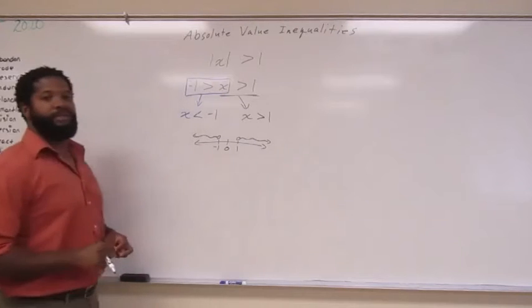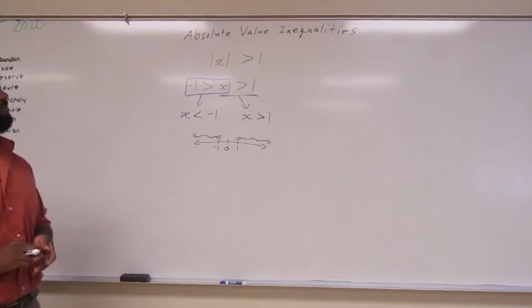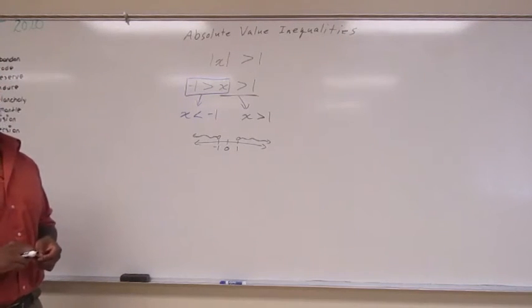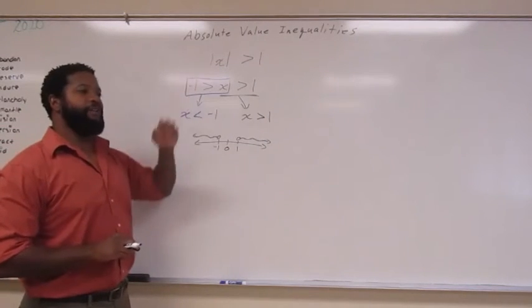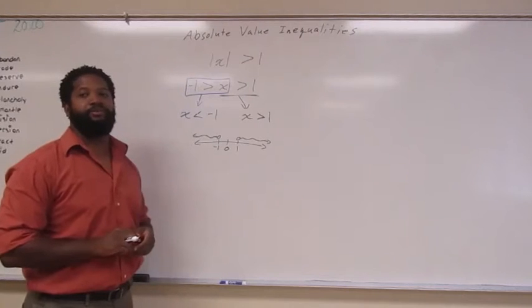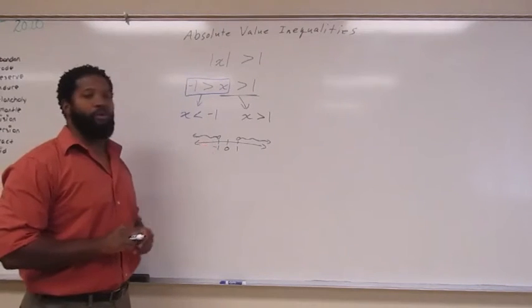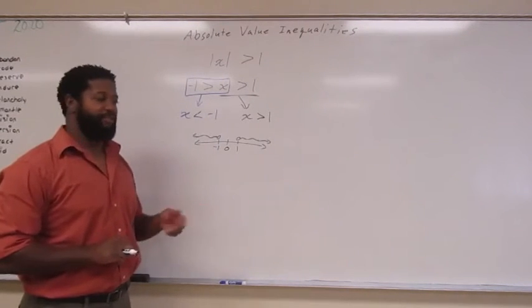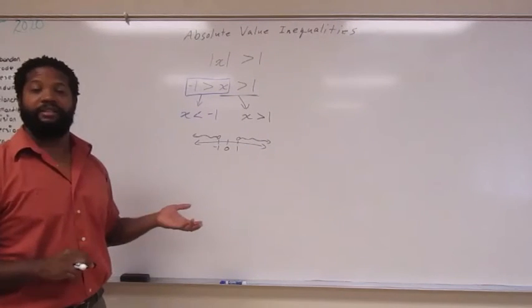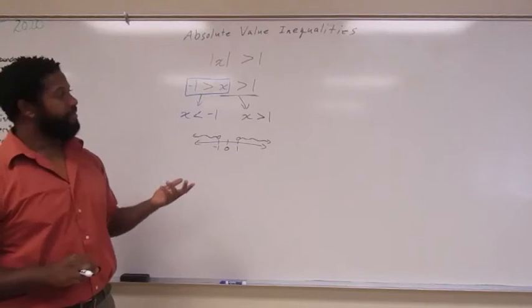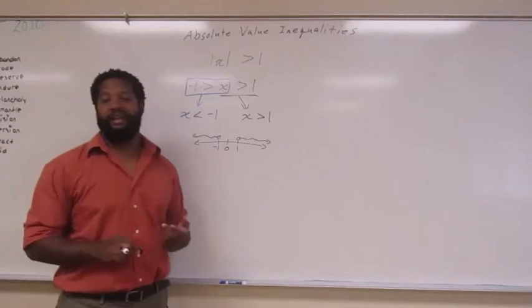Be careful. Understood? Basically, long story short, if you have the greater than sign or greater than or equal to sign, it's going to be or. Now watch, when we have a less than sign, then it's going to turn into an and.